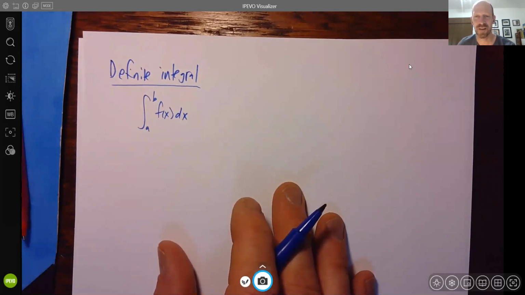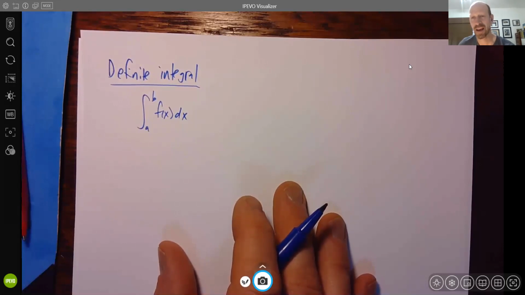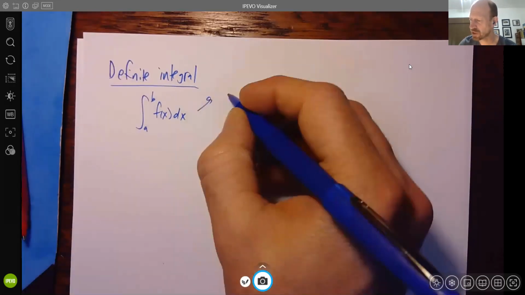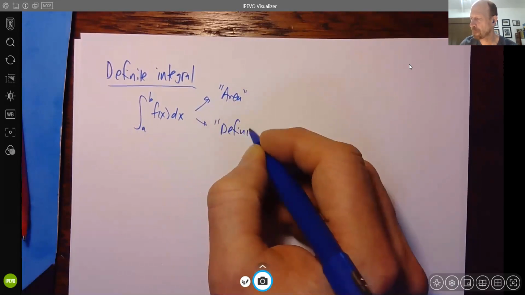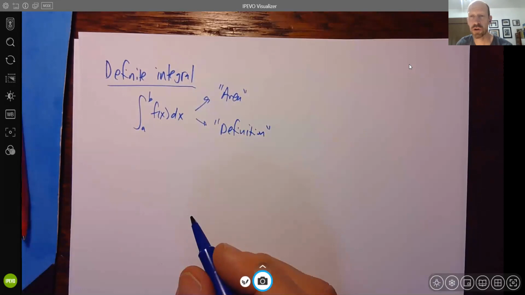And what we're telling it to do is add up all of the rectangles between A and B. When you do that, you can learn some things about it, and we can come to some intuition about it, both from area and from the definition. So remember, this is also area, and it is also the definition. We will learn a third way to do the definite integral when we introduce 5.3, and that's a really powerful tool, but we're not quite there yet.